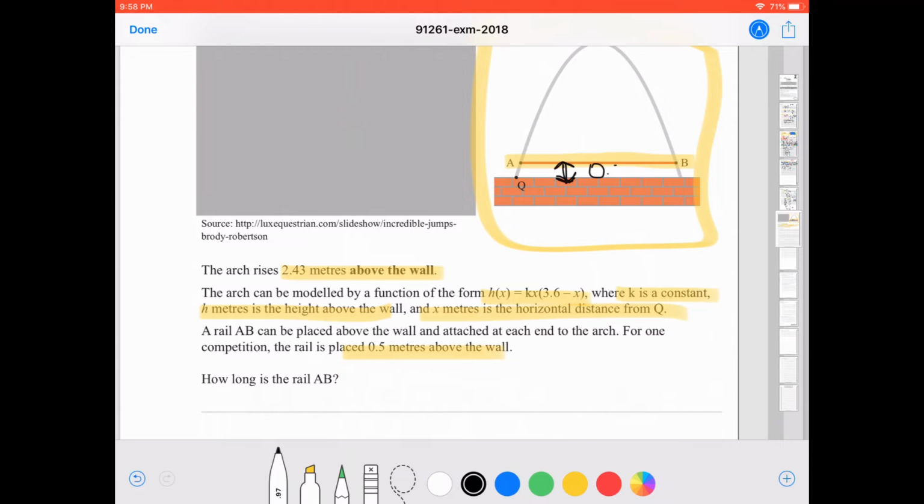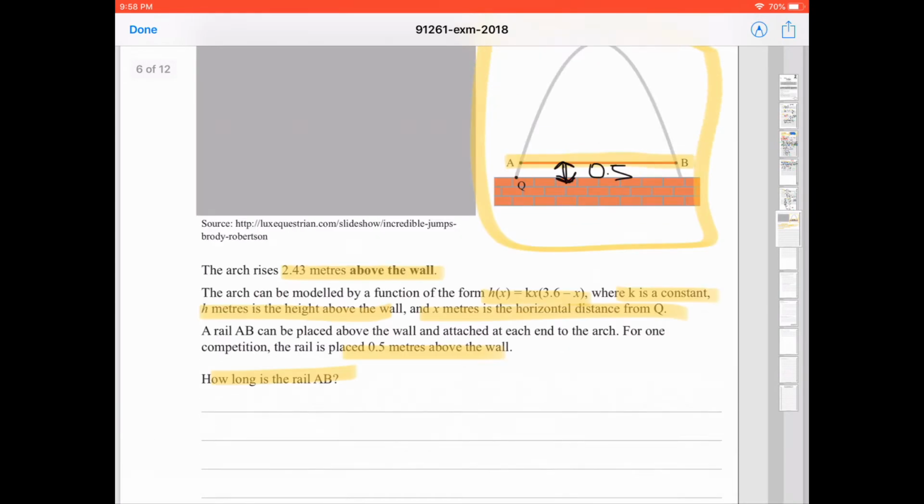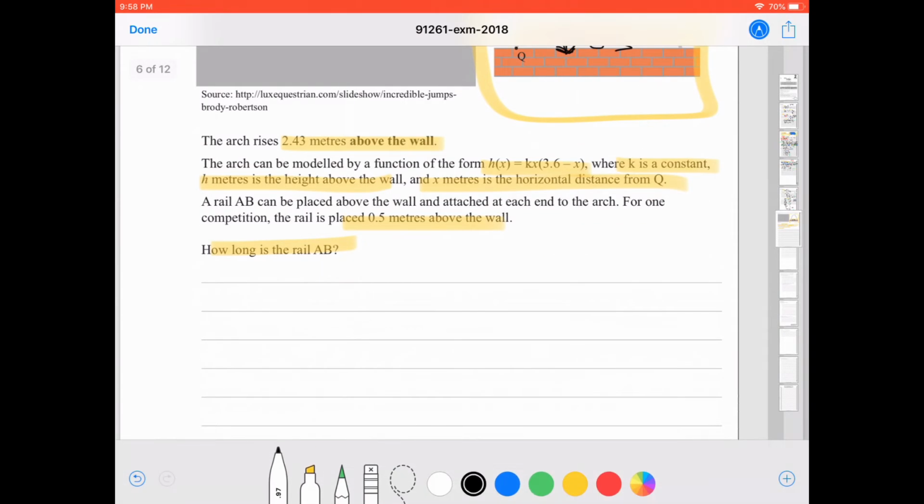And they're asking us, basically, how long is the rail AB. So we've got this equation, or it's a function, h of x equals kx times 3.6 minus x. And that might look unfamiliar to you.